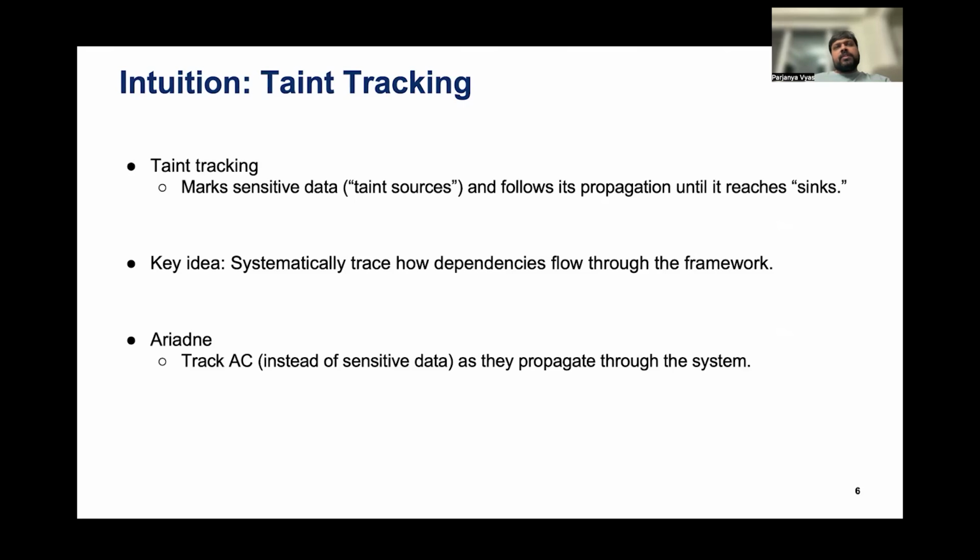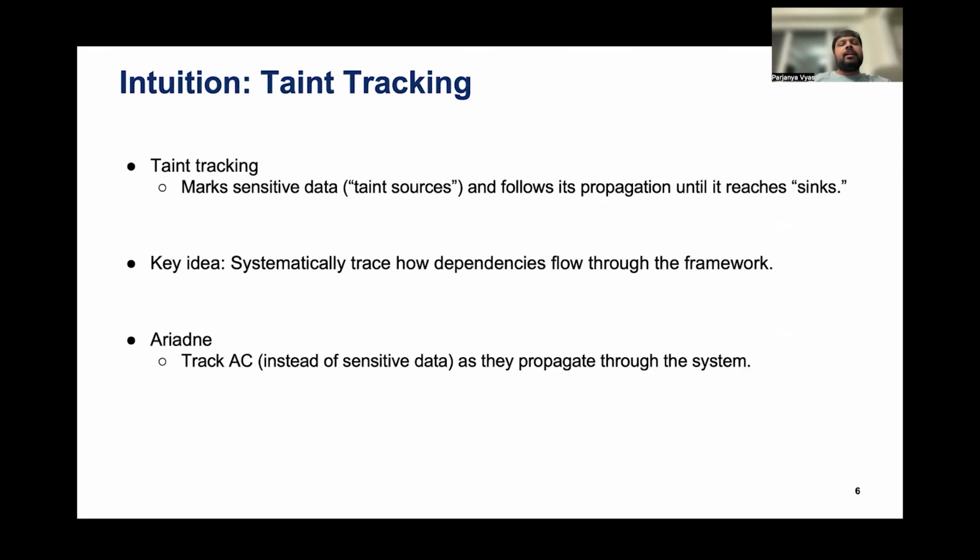Firstly, the intuition of this entire pipeline comes from a well-known concept, which is taint tracking. Taint tracking, in essence, works by tainting sources of sensitive data and then following through the entire system the propagation of this taint, and understanding where it eventually reaches. So the key idea remains similar.